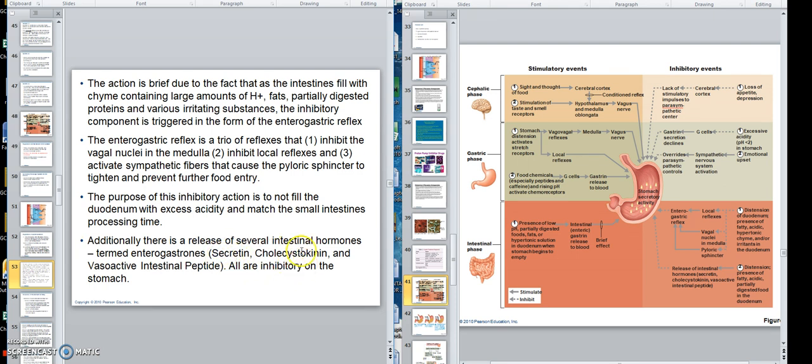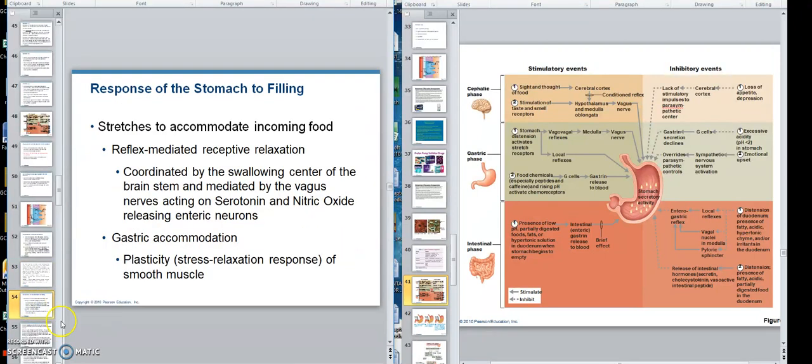We're going to talk about those, what makes these be secreted, I'm saying. And you've got this trio. So basically, the only positive thing to say increases is gastrin, intestinal gastrin. Everything else is inhibitory to slow things down. Okay, we're going to close here. My time is running on this one, and start here. Response to stomach filling.